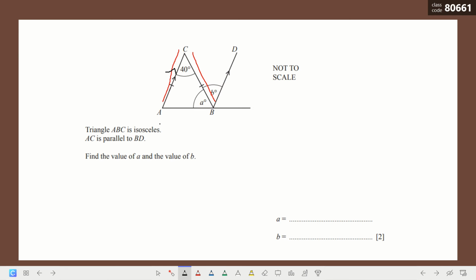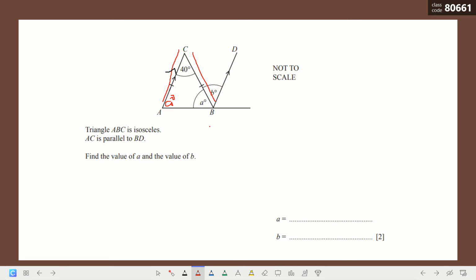We know that an isosceles triangle has 2 sides that are equal. That means that the 2 angles in the base are equal also. So how can we do that? If this is A, the other is also A, because it's the same. Now, how can we find A? We know that the sum of the 3 angles in each triangle is 180.